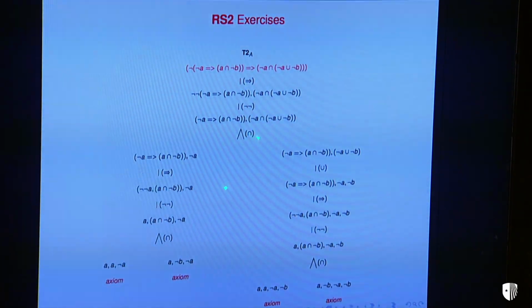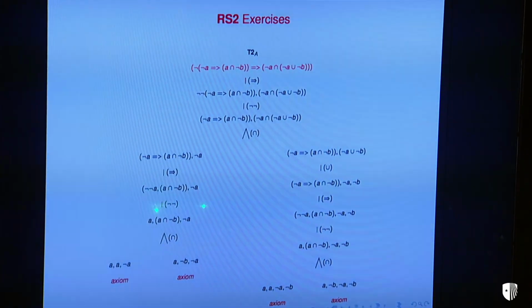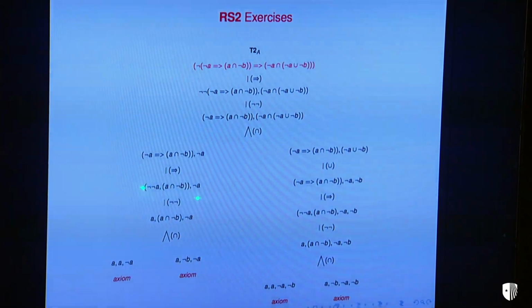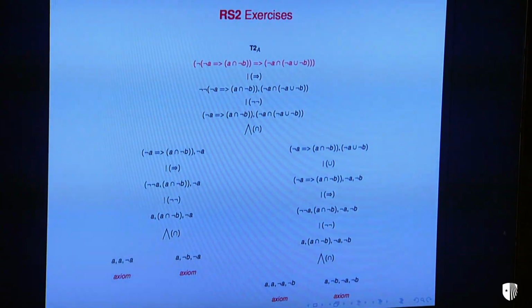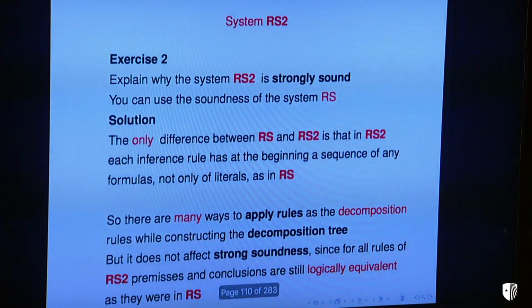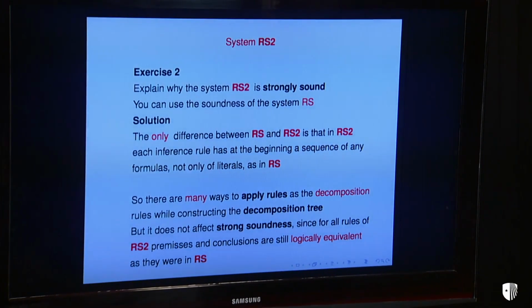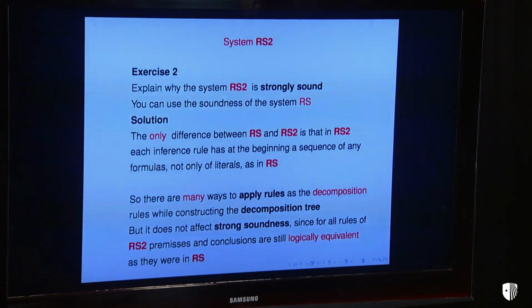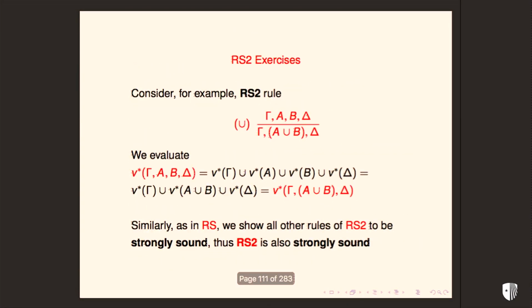So I choose to decompose that. And then you have two formulas, you can decompose, this is a typo. You can decompose this or you can decompose that, so you have many decomposition trees. So there are many ways to apply the rules of decomposition, so you don't have uniqueness of decomposition.